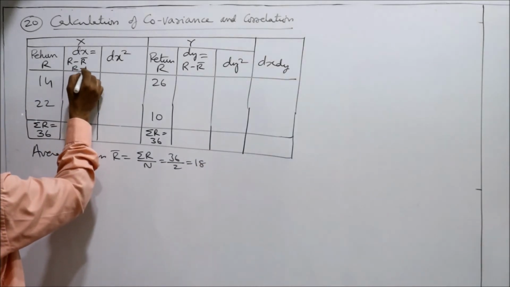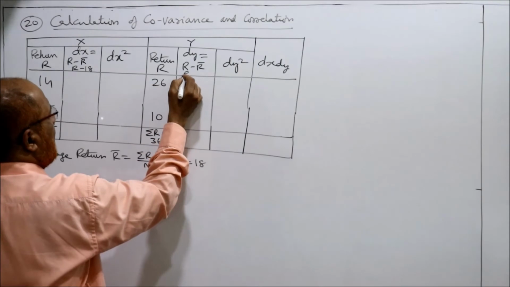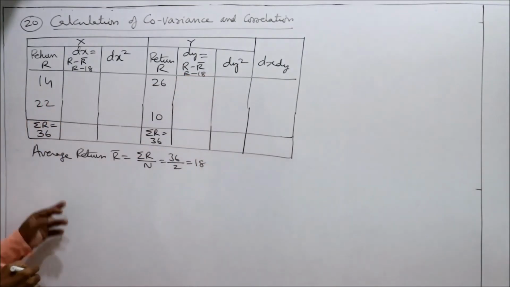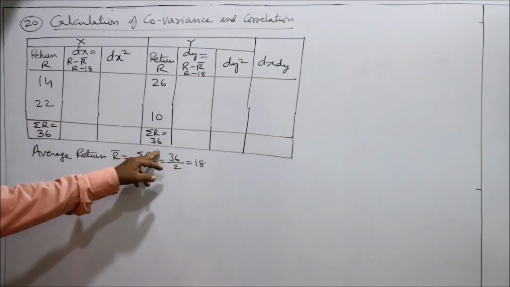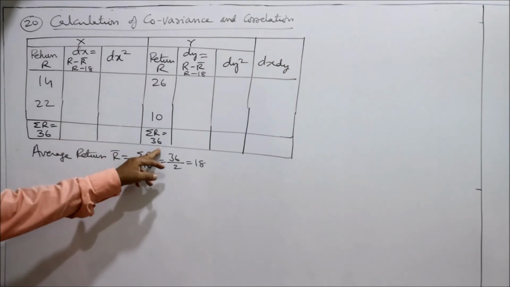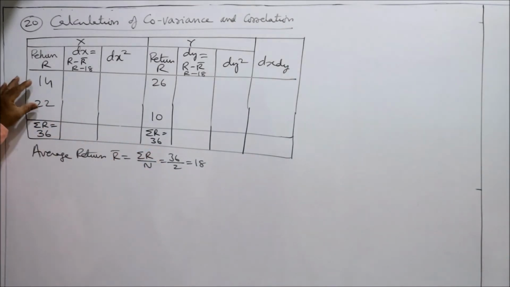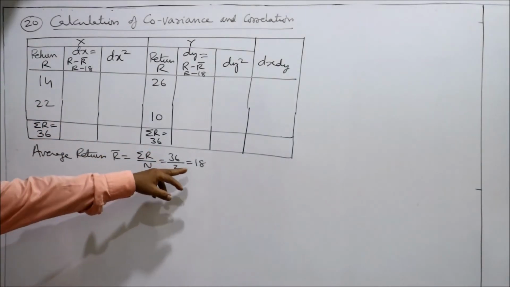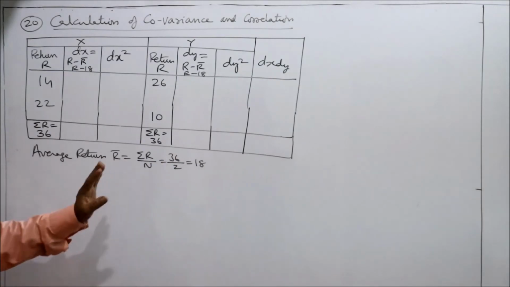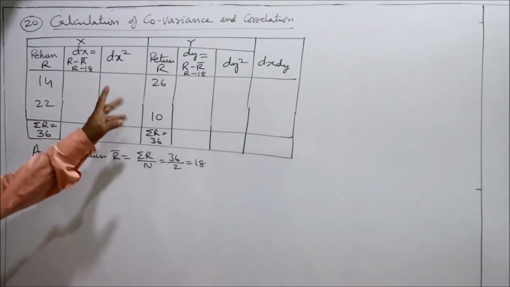So R minus 18. Here also R minus 18. Both the companies have the same summation R, 36 and 36, with 2 values. So 36 divided by 2 you will get 18. So 18% is the average return for both the companies.